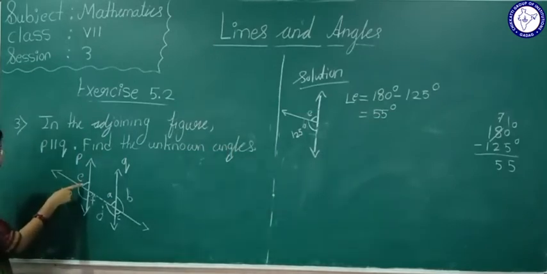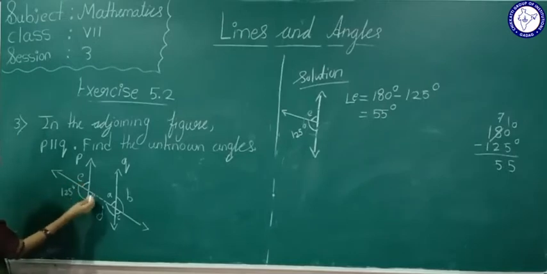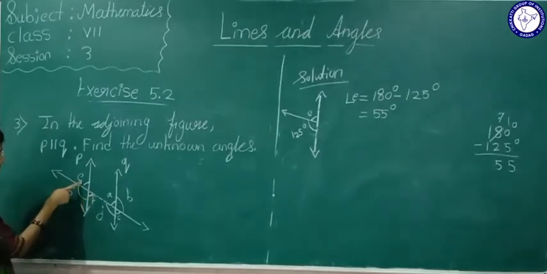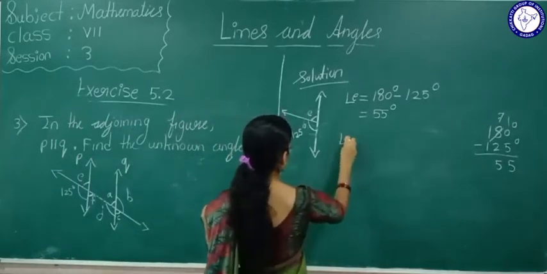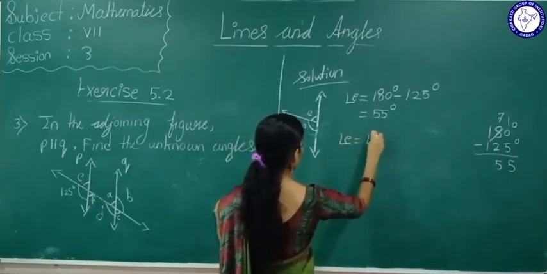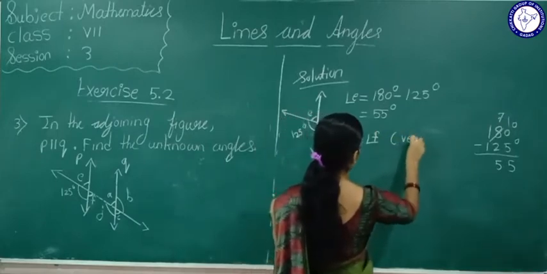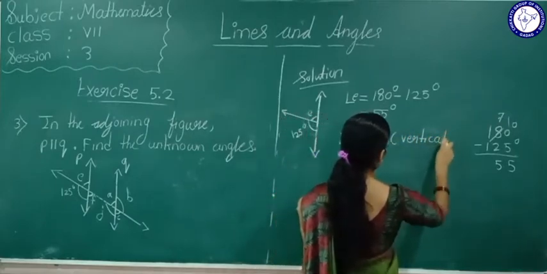Now tell me clearly, what is angle F? Angle F will be 55 degree because angle E and angle F are vertically opposite angles. Yes or no? Angle E is equal to angle F because they are vertically opposite angles.